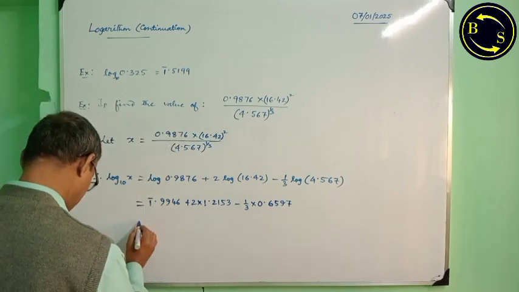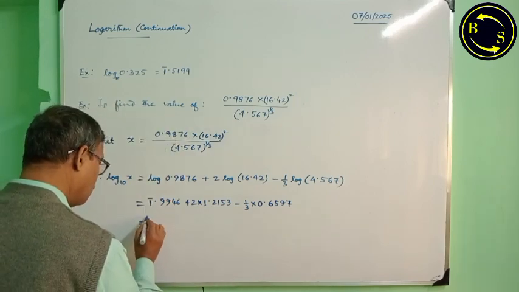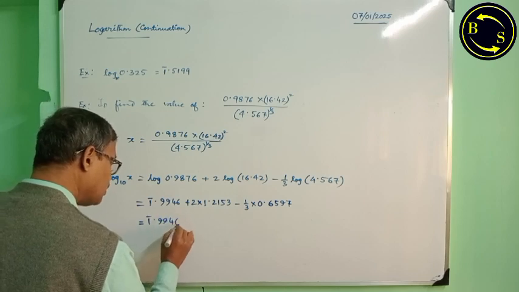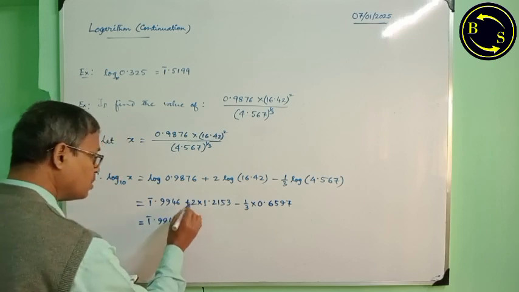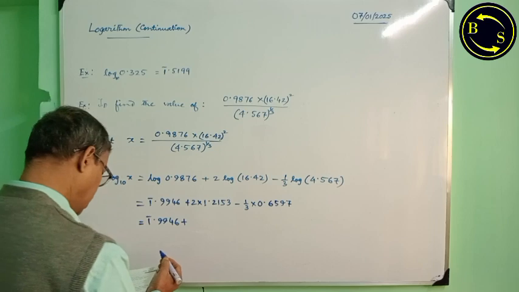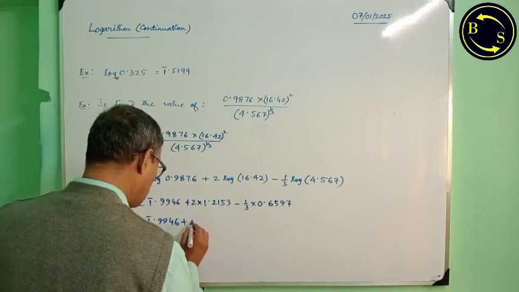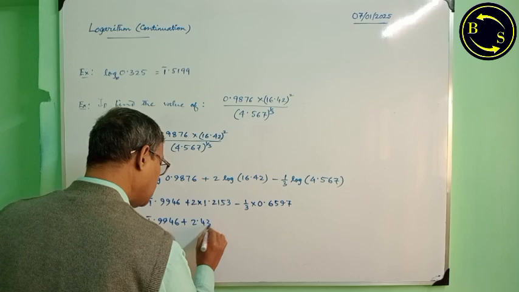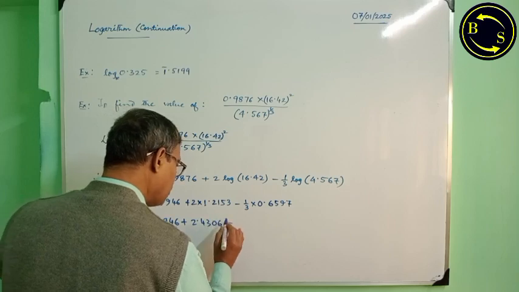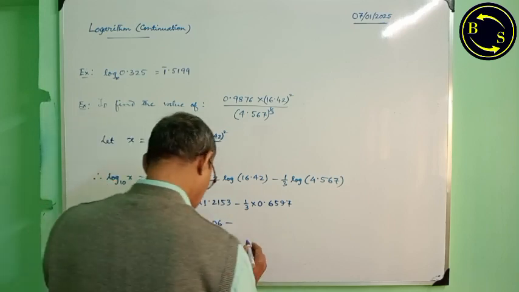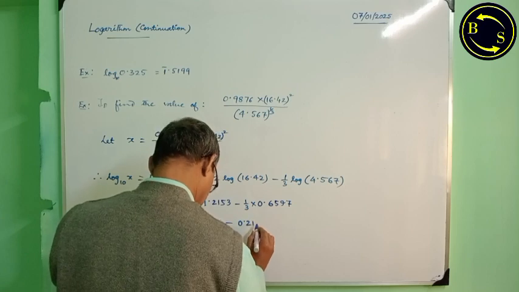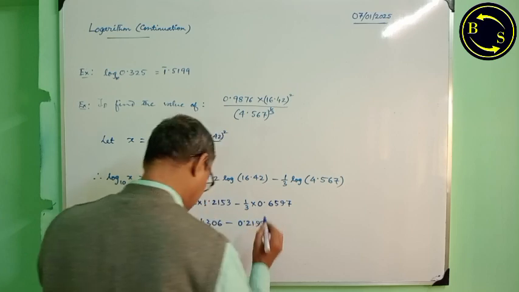And that will be 1 bar 0.9946 plus, after multiplication, it will be 2.4306 minus 0.2199.